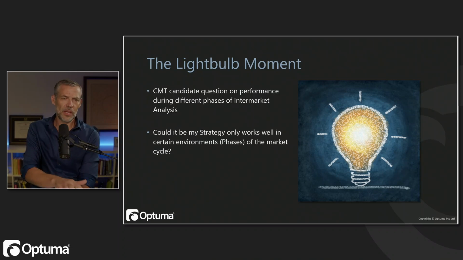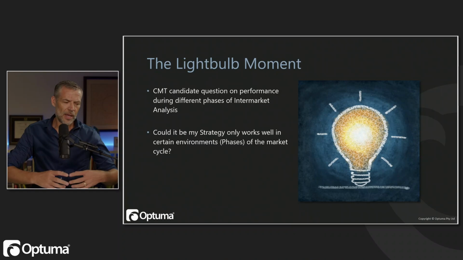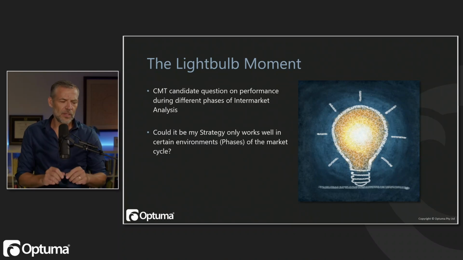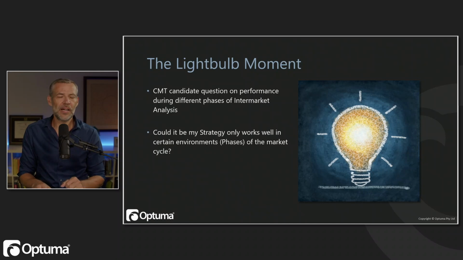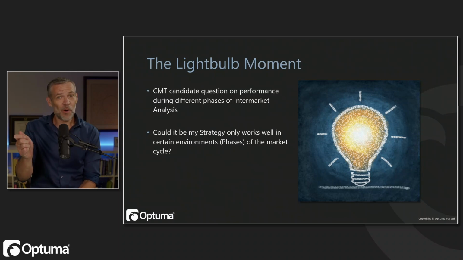So be it bonds and stocks and commodities, and then the US dollar from a US perspective, but other currencies from other locations. And in that, I had a CMT candidate who asked me about performance of ideas and strategies within different phases of the market in this idealized intermarket analysis model. And that's when the light bulb went on.